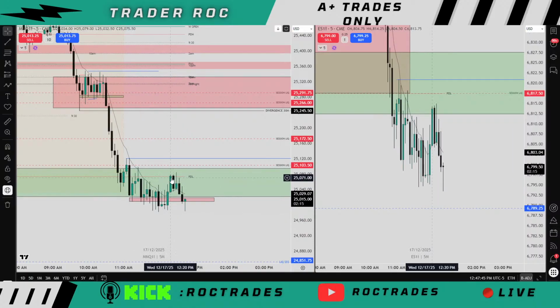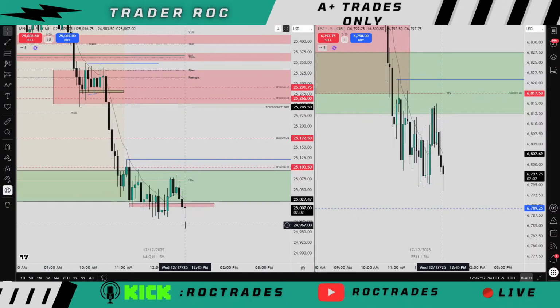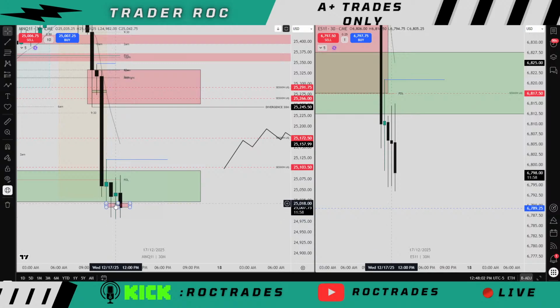We keep getting underneath and rejecting this previous daily low, but look at the structure underneath it. It stalls out, gets weaker and weaker and weaker, and you're getting 30-minute divergences underneath that previous daily low.